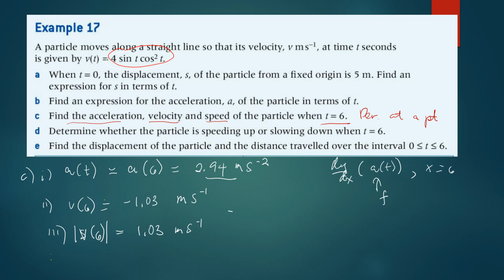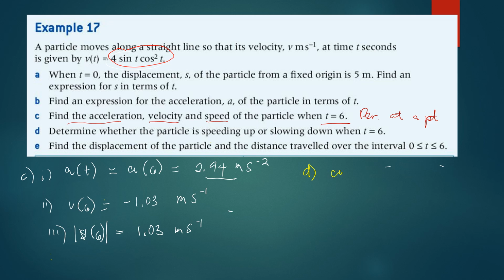Okay. Now we can answer letter D. Let me erase this. So for letter D, determine whether the particle is speeding up or slowing down. How do we know if it's speeding up or slowing down? Again, remember our rule.